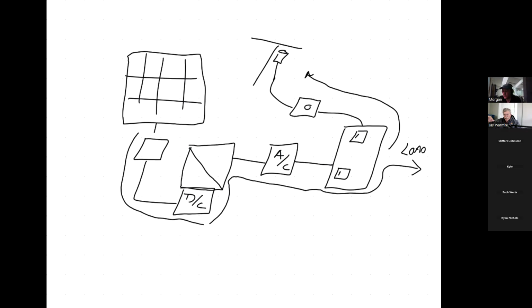Just think like water goes from higher elevation to lower elevation. So if I want the grid to act like a load, then my system has to be generating power at a slightly higher voltage than the grid. But we want our power to match the grid. So there's a bit of a dance going on there. That's where your electronics come into play. But it's always going to be just a fraction higher voltage.